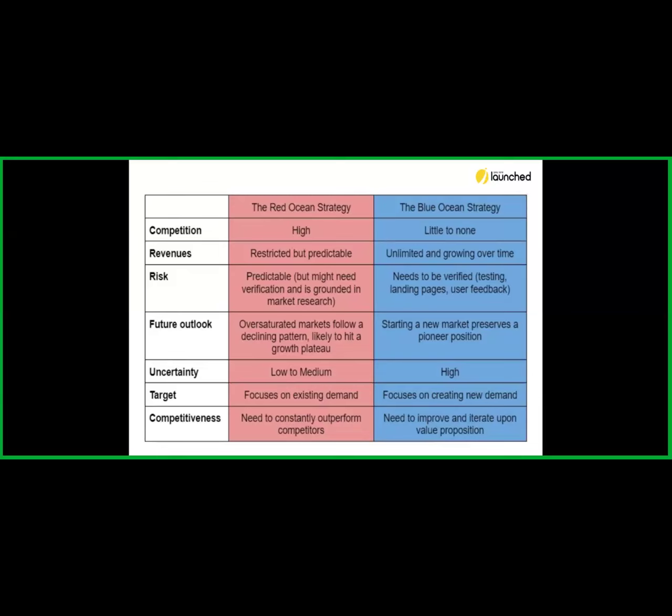Slowly and steadily, they are eliminating the small players because they are aware that if the small players are eliminated, they will have less competition. And if there is less competition, then they will be able to control the prices also. Whenever they feel, they will be able to increase the prices. So that is related to the red ocean strategy and the blue ocean strategy.